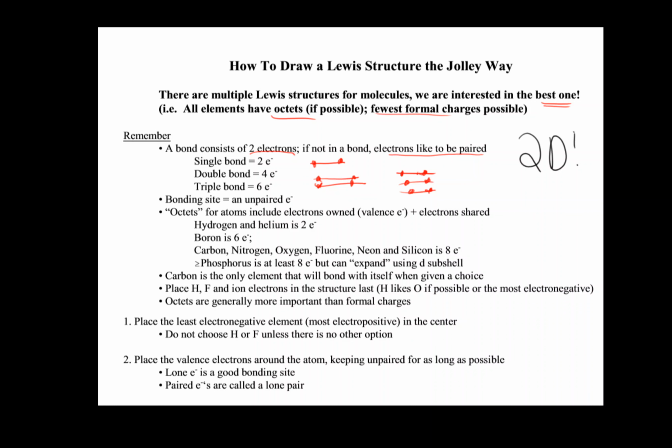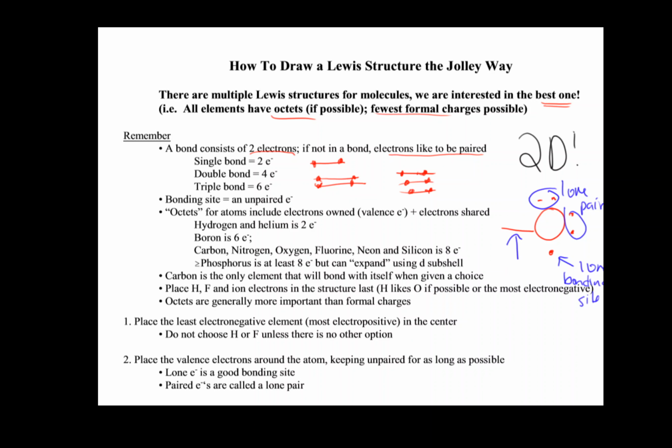So I'm going to give you an example of something that oxygen can do. What are the individual pieces? This I would call a loner or a bonding site. This one and this one are lone pairs.